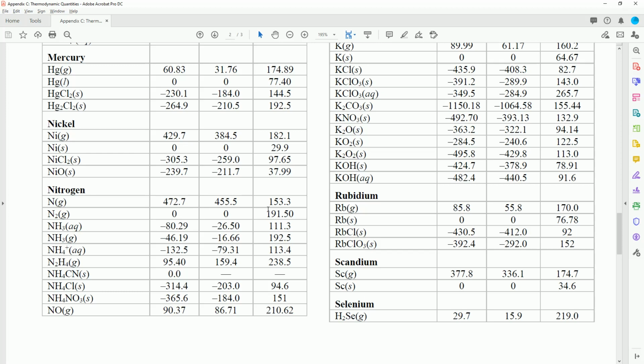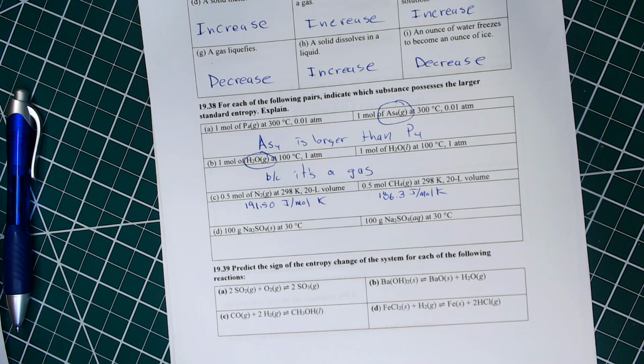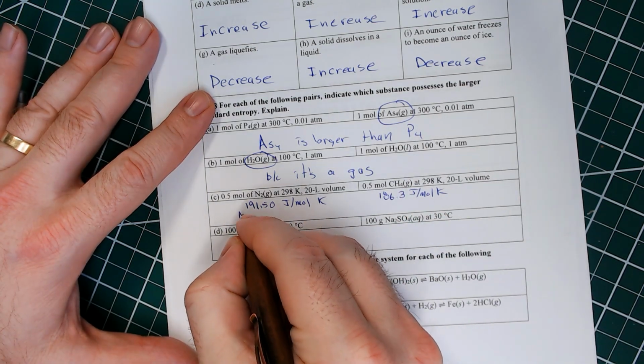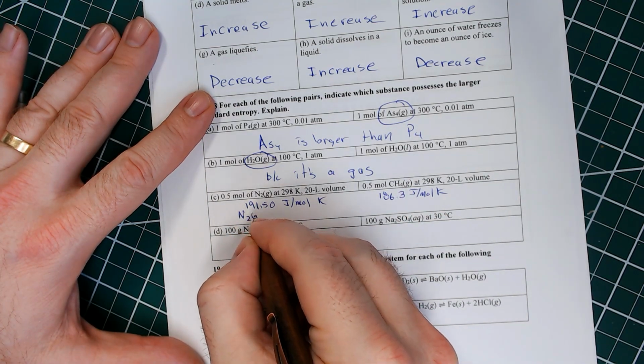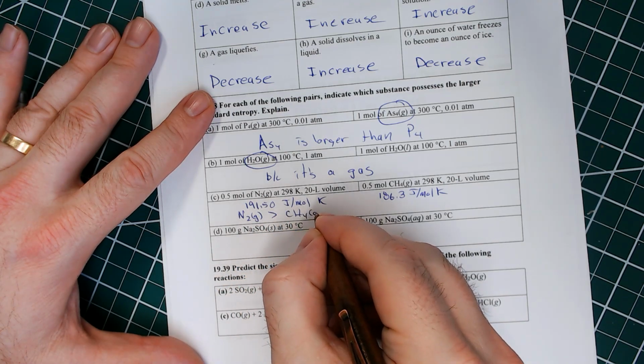So we'll definitely see that the nitrogen has a greater entropy than the CH4. So we'll say N2 gas has greater entropy than the CH4 gas.